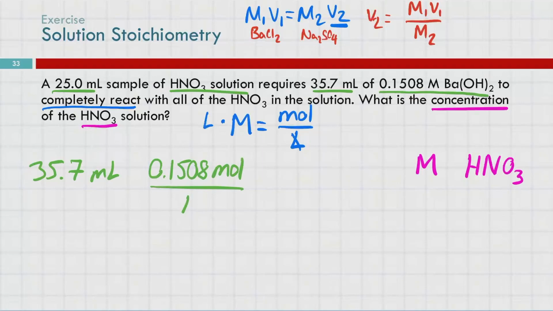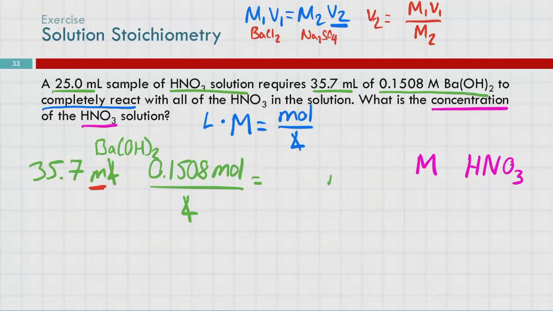Moles over liters, the liters will cancel. So that'll get us moles, but what I did here intentionally is I didn't get rid of that milli. You can always get rid of the milli and bring it back later if you want to, or you can just choose to not get rid of it and carry it through. In this case, it works to carry it through, and I'll show you why in a bit.